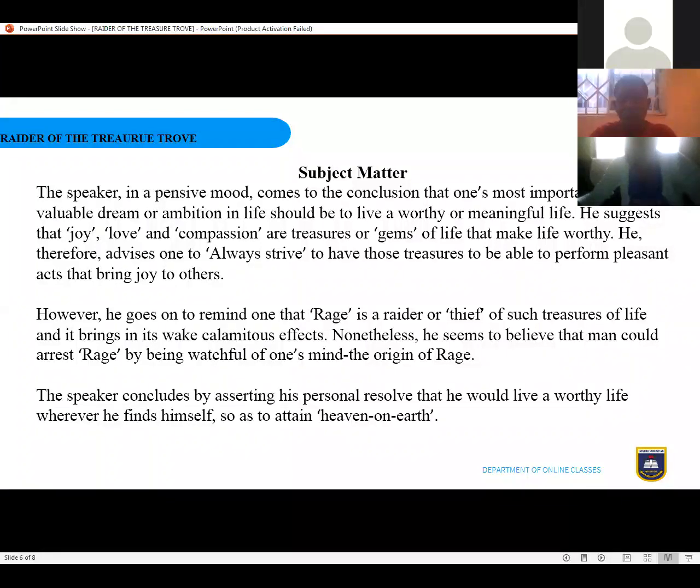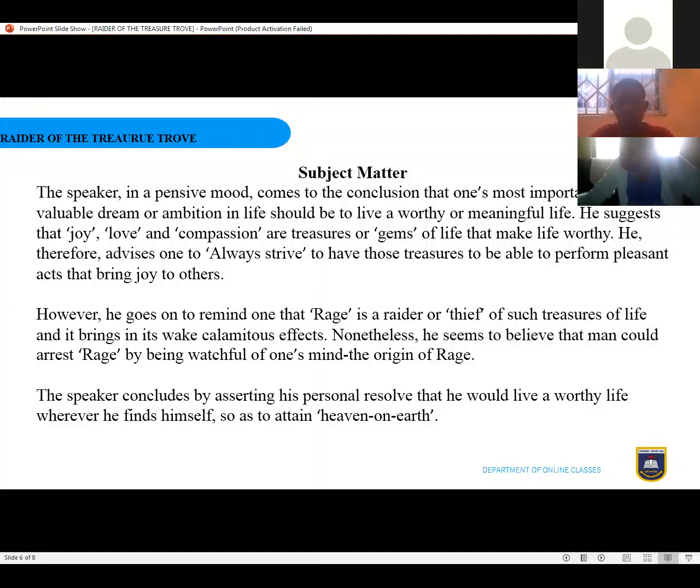Compassion means the human quality of understanding the suffering of others and wanting to do something about it. You see, the human quality of understanding the suffering of others. So it means that this poem is teaching us not to just be selfish, but to understand other people's plight, to understand other people's problems, to understand what other people are going through.